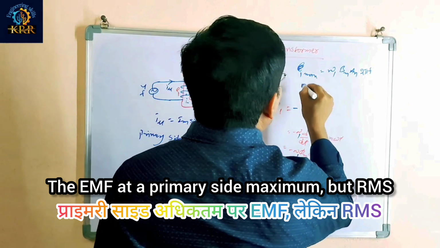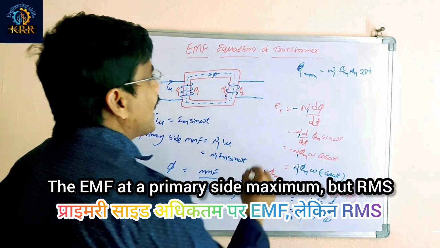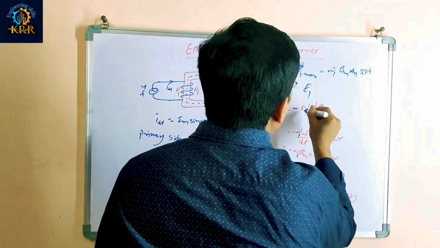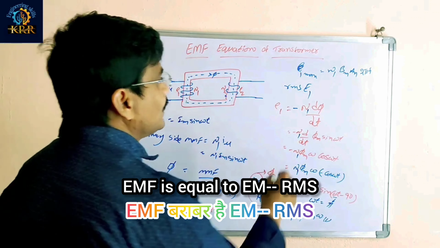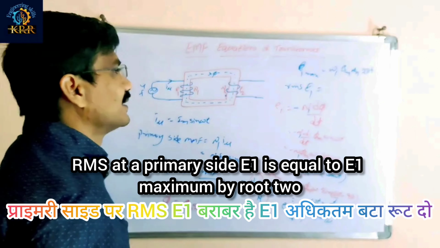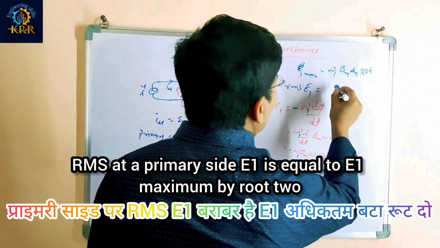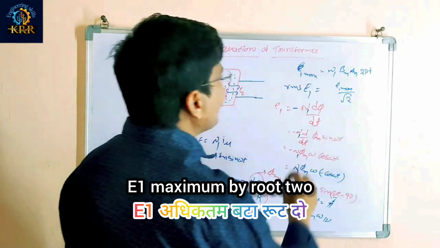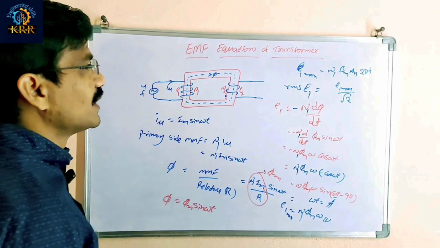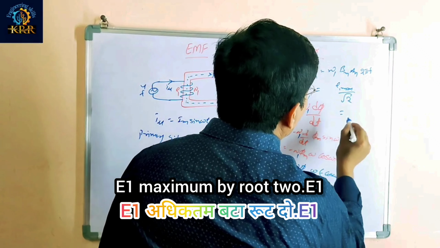The EMF on the primary side is maximum, but the RMS EMF at the primary side E1 is equal to E1 maximum by root 2.